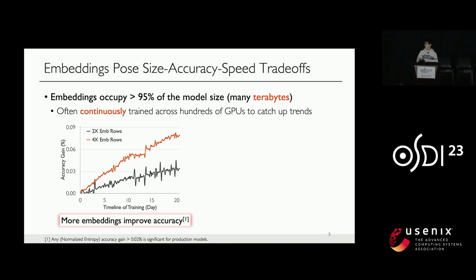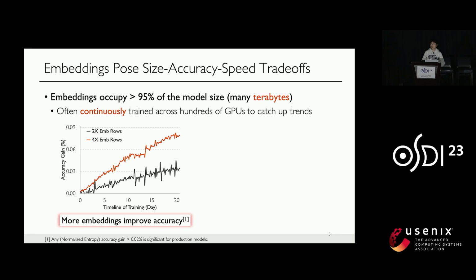Intuitively, to achieve better model accuracy, we want more embedding rows to represent more specific IDs. Here, this figure shows the accuracy improvement from using 2 times and 4 times more embedding rows over 20 days of training. We want to note that any accuracy improvement larger than 0.02 means great benefit to production models.